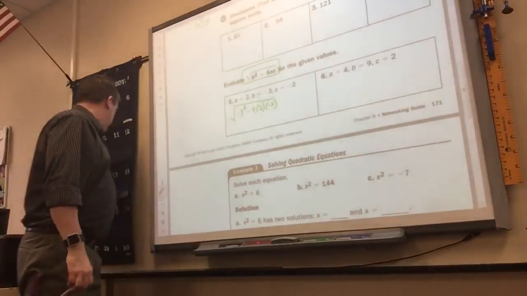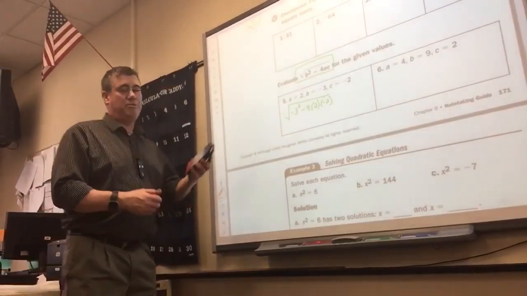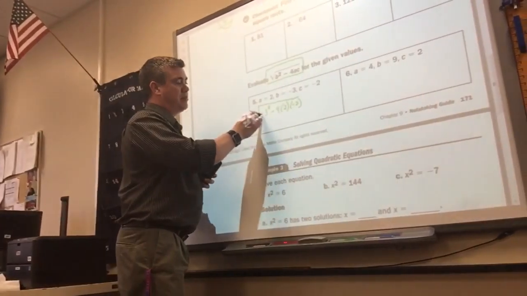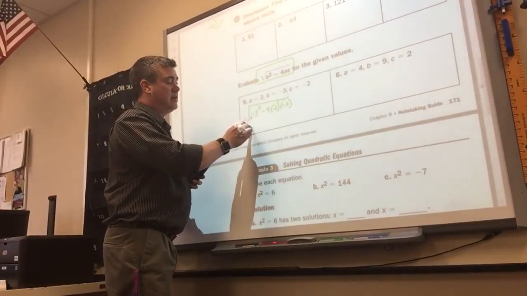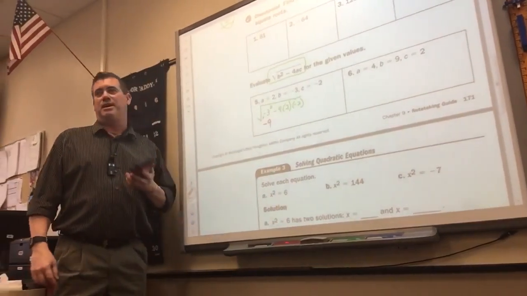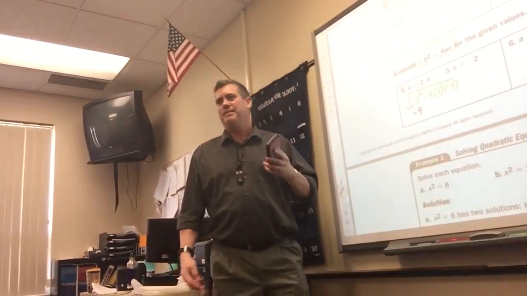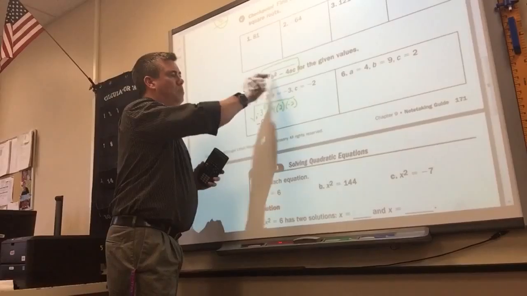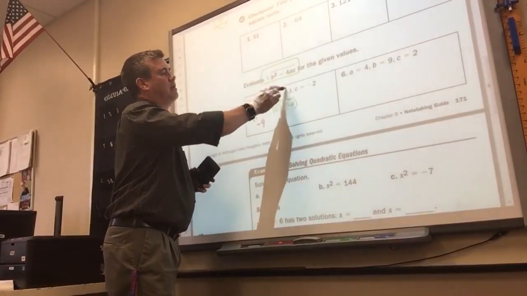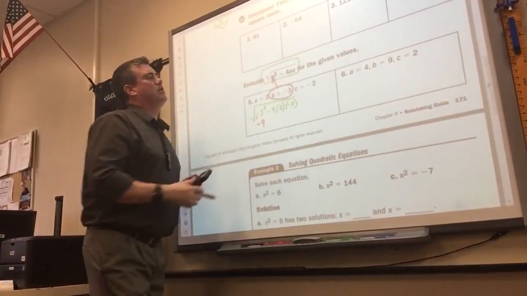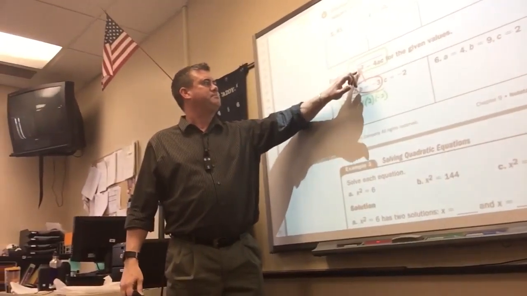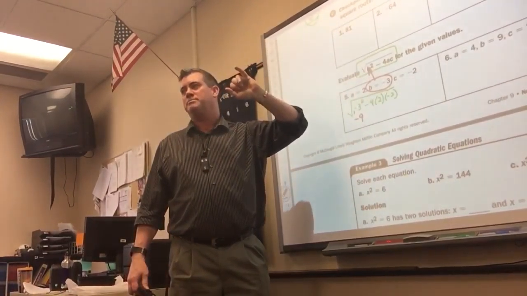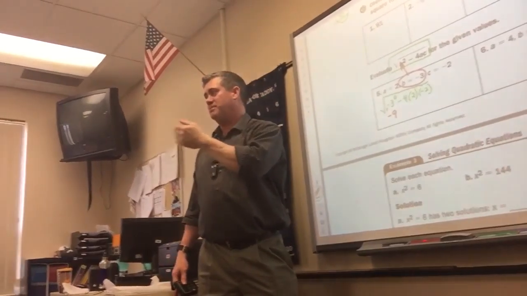The reason why this calculator is going to mess it up for you if you put it in like that, if you hit square root and then press negative 3 squared, it's going to count that as negative 9. Because it doesn't take into effect that you're squaring the negative also. In this, when you square something, it's always going to be positive.